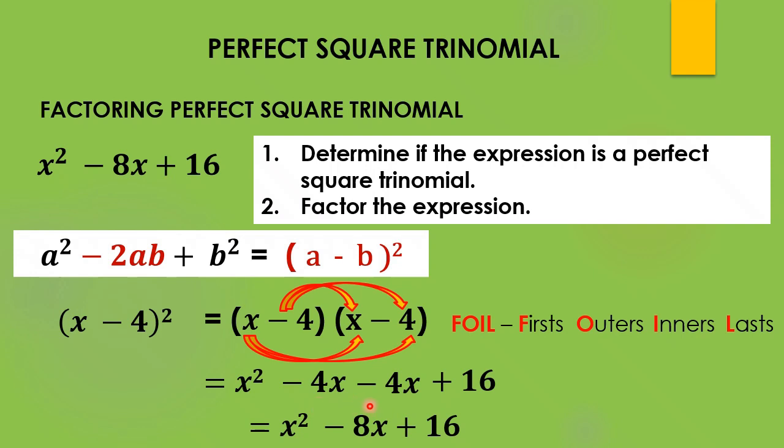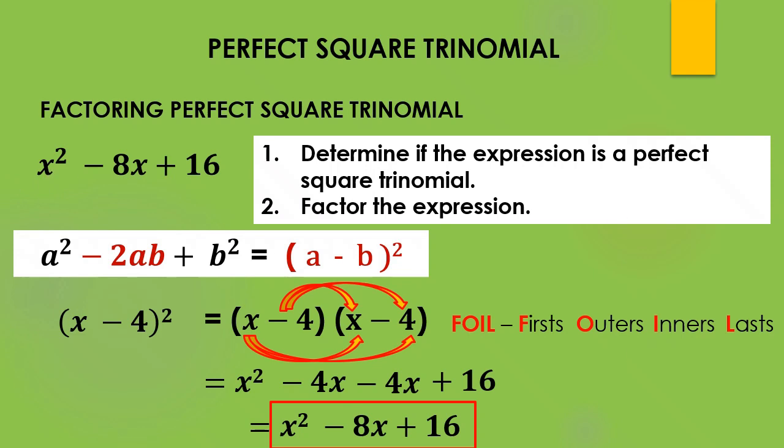Minus 4x minus 4x, you just combine or add the two minus 4x. Minus 4x plus minus 4x will give us minus 8x. So this is now the product of the square of x minus 4: x squared minus 8x plus 16. So we come up with the original expression.